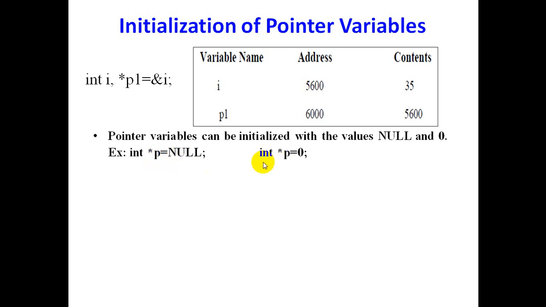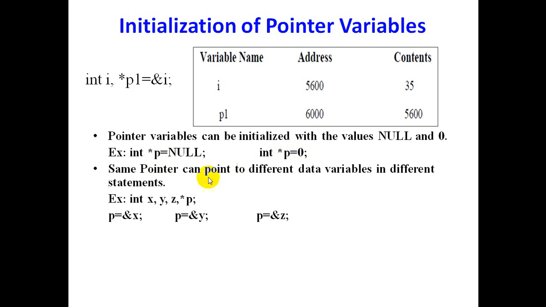Next, int asterisk p is equal to 0. The value 0 is assigned to a pointer variable. Next, some pointers can point to different data variables in different statements. Now we will see one example for that. Here I have taken the data type int x, y, z, asterisk p.